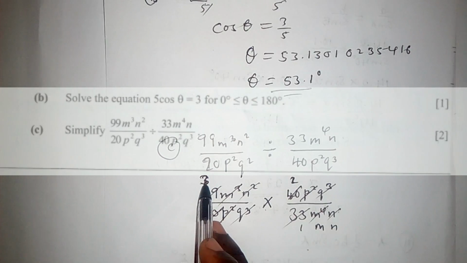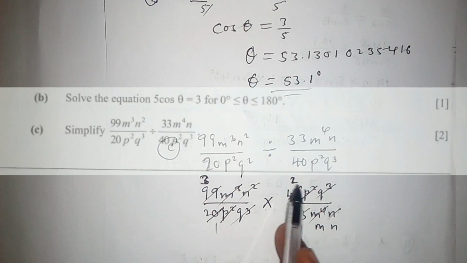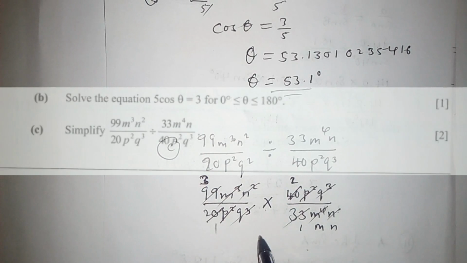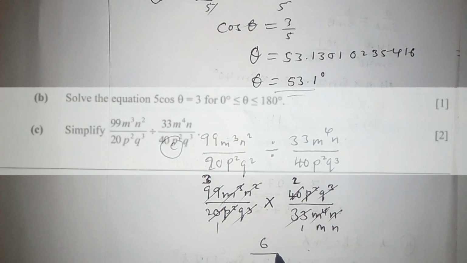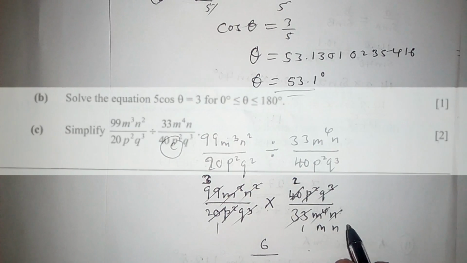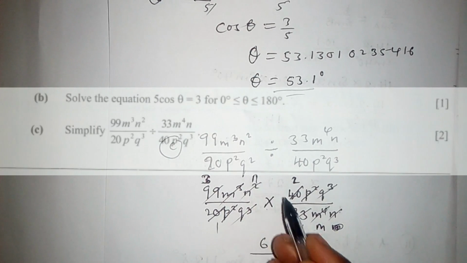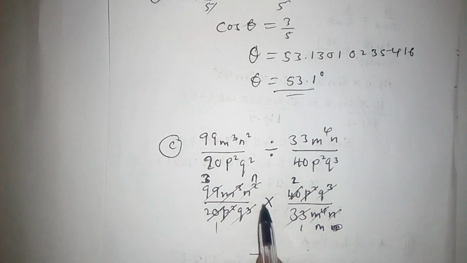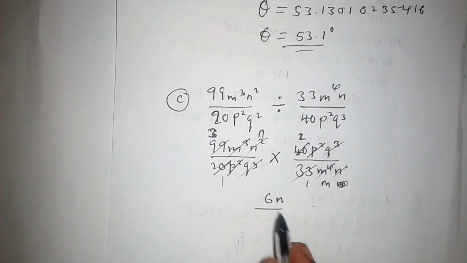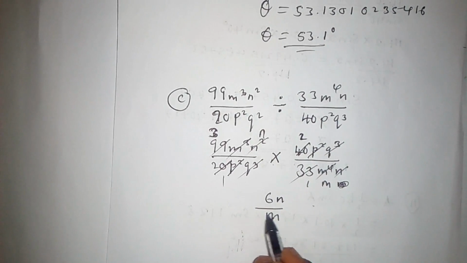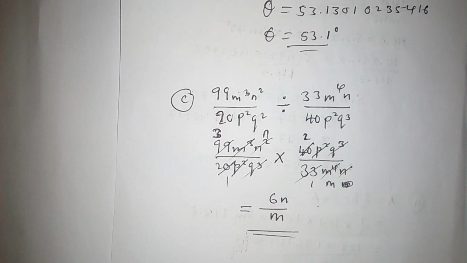So here we have 3 multiplied by 2, it's 6, over, here will remain with n. Actually, this one will disappear, will remain with n. So it will look like this, and then down here we have m. So this is our answer. Thank you.